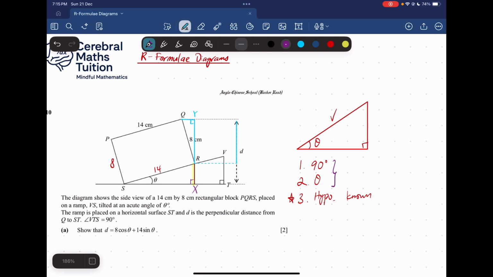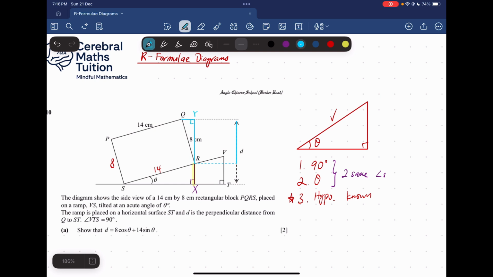They all must have a 90 degrees and they all must have a theta. All of these triangles have these two same angles. Alright? And based on the similarity tests, the triangles would satisfy the angle-angle similarity test. As a result, we know that they are all similar.